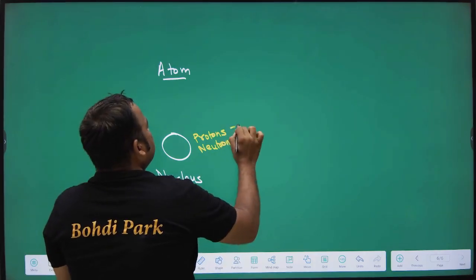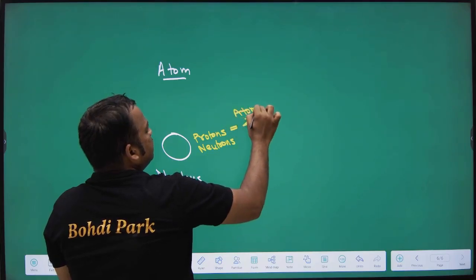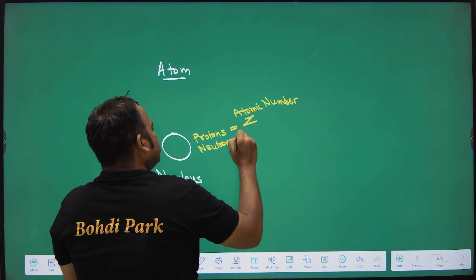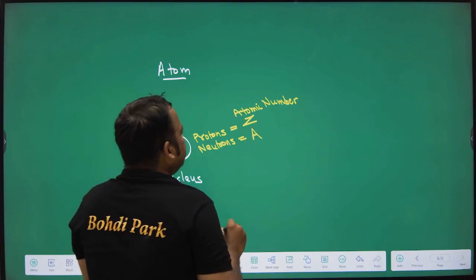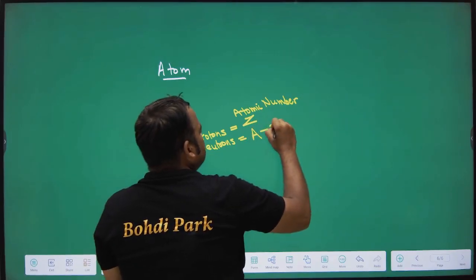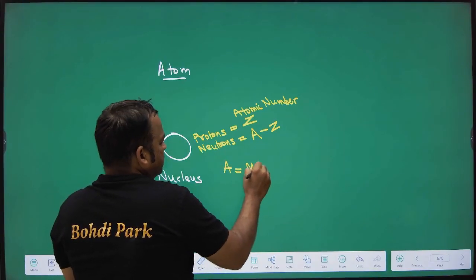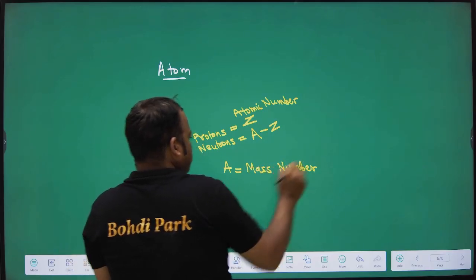The number of protons is Z, known as atomic number, and the number of neutrons is A minus Z. Here A is known as mass number.